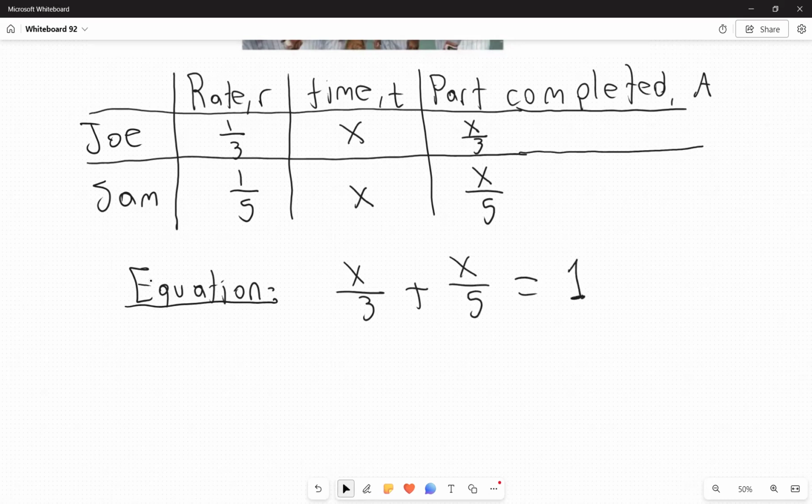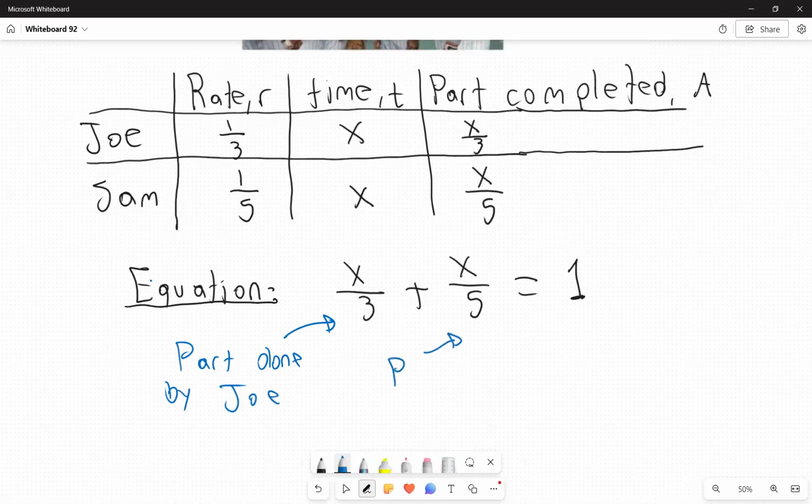Together, they are going to complete one whole job. So I'm going to write notes. X/3 is the part done by Joe. X/5 is the part done by Sam. And 1 is one whole job.